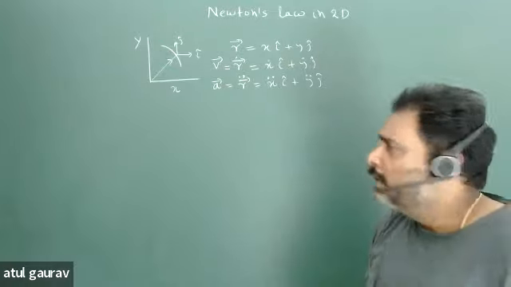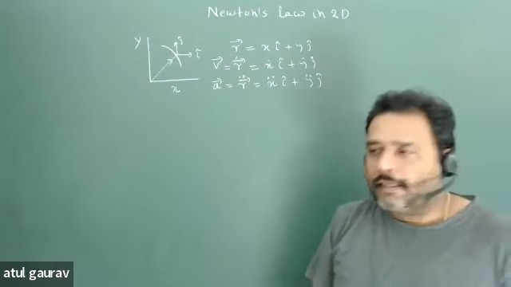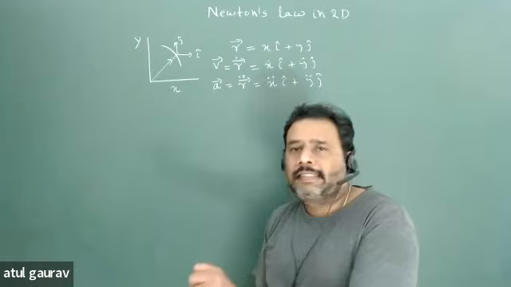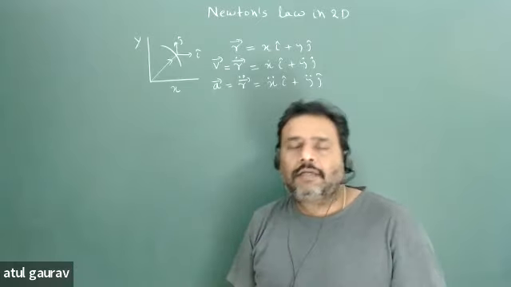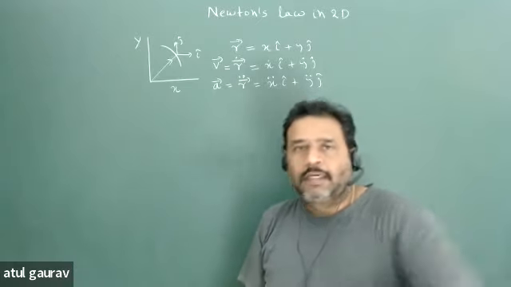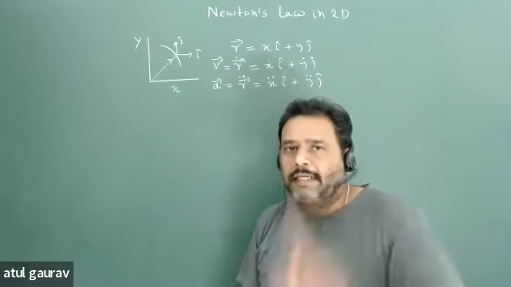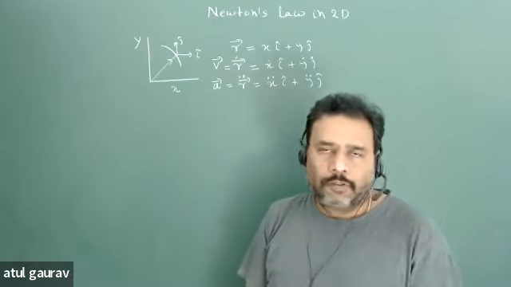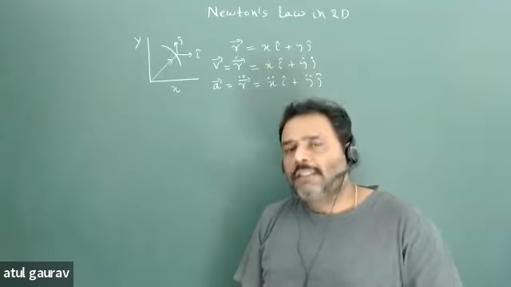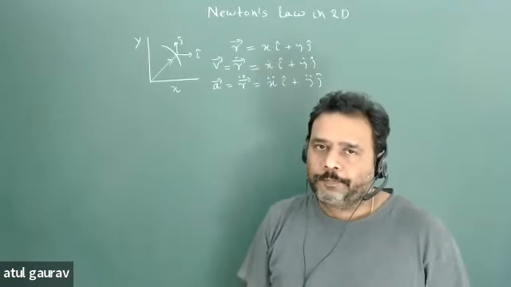So in general, if we are using the Cartesian coordinate, we assume x as one direction and y as the other direction. And these two are orthogonal in nature, that means perpendicular.